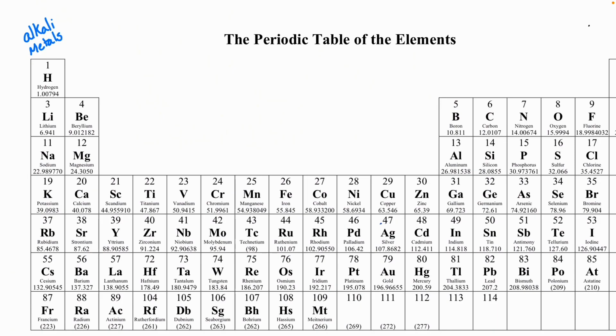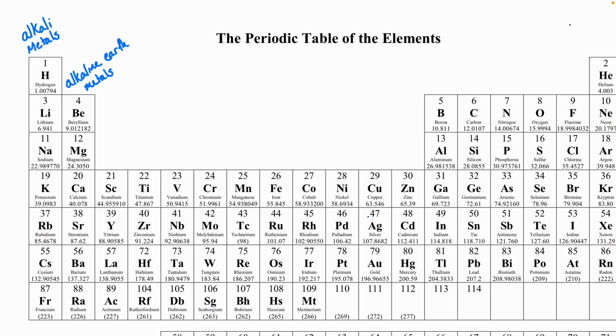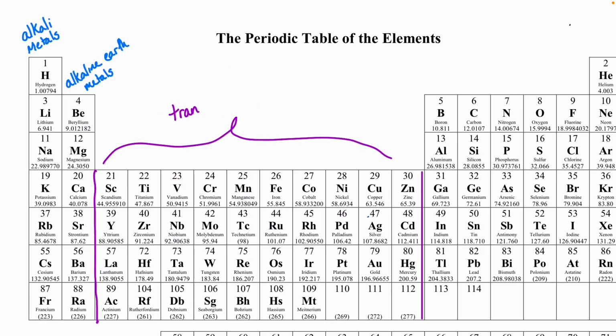Our next column is the alkaline earth metals. This middle block here, we're going to group all these together. These are what are called the transition metals.